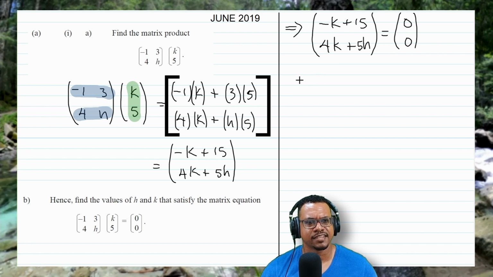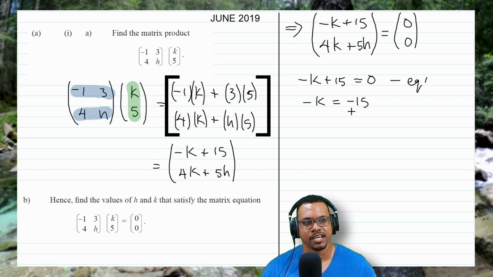So negative k plus 15 is equal to 0, which is my first equation. We carry across the positive 15, turning it to negative 15, so negative k is equal to negative 15. Multiply both sides by negative 1, and we get k is equal to positive 15.